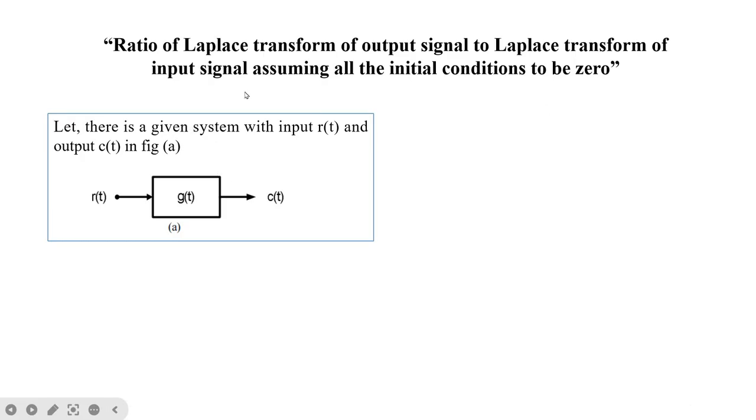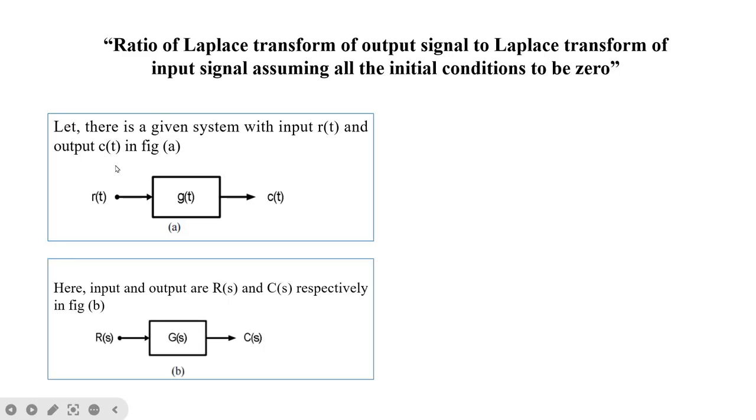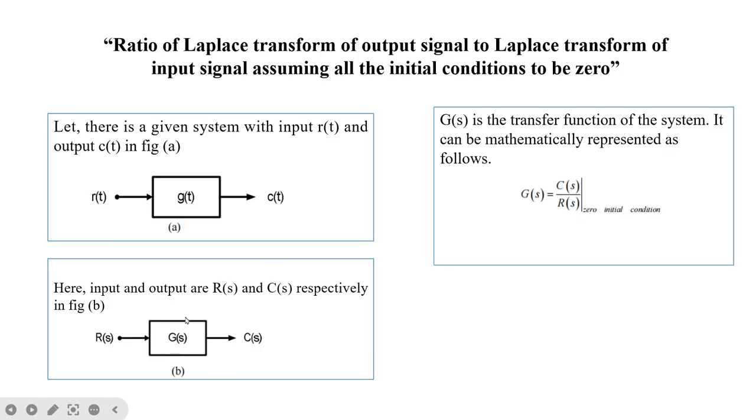So suppose we are given a system where we are applying the input as R(t) and the output will be C(t). If we take the Laplace of this, input R(t) will become R(s) and C(t) will become C(s), whereas G(t) will become G(s). So this G(s) is nothing but the transfer function of the system, and it can be mathematically represented as the Laplace transform of the output to the Laplace transform of the input, when all the initial conditions are assumed to be 0.